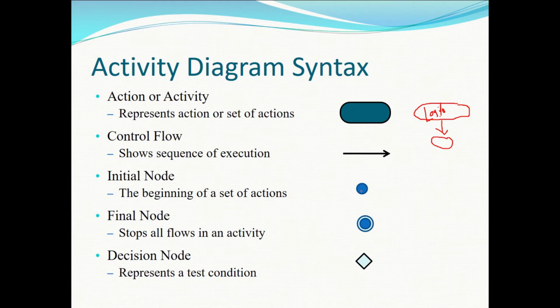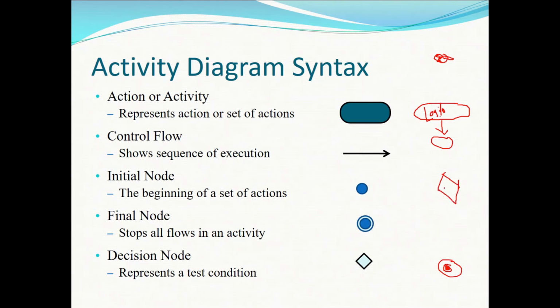The initial node: always when you start your diagram, you have to put this initial node. It's a filled circle, and then the end node looks like this: a filled circle with another circle around it. This is the end node, the final node. And if you have a decision, you need to draw this one and write the decision.